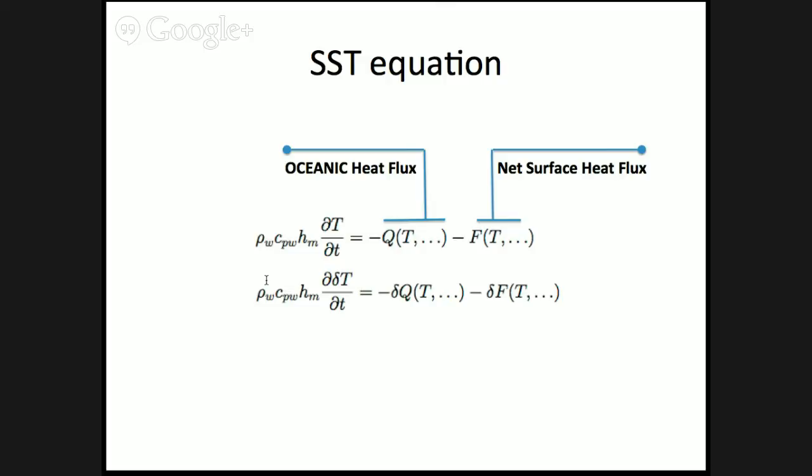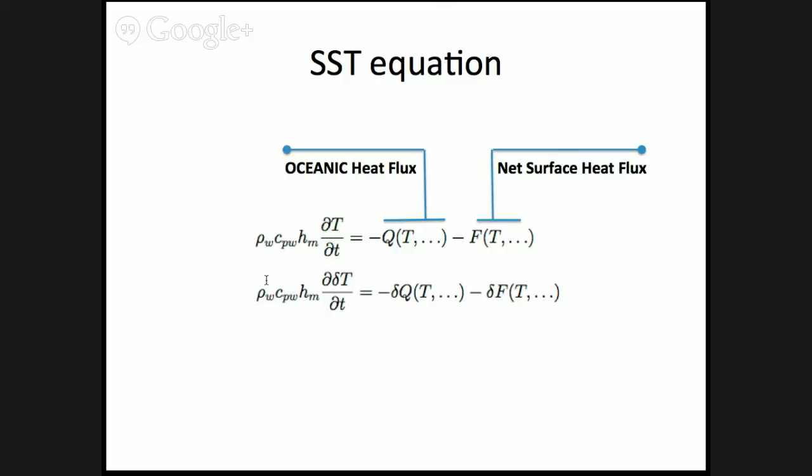Let's see first the equation of the surface temperature as an example. Supposing that the ocean mixed layer doesn't change, the rate of change of temperature over time of the ocean is decided by the oceanic heat flux and the surface heat flux.